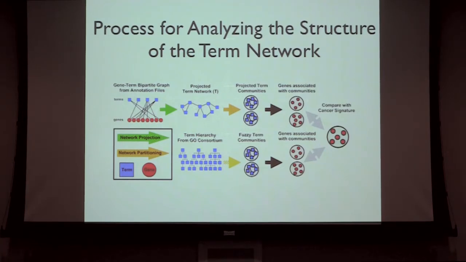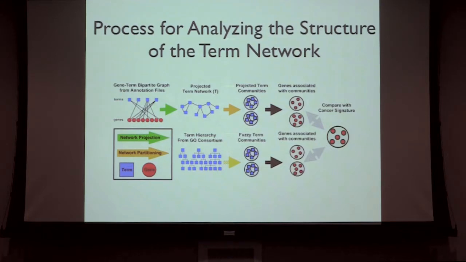And for comparison, we want to look at the way in which the conceptual organization of the GO hierarchy divides up functions. So you remember the term hierarchy is human built, right? It's this idea that, okay, biologists think that molecular function is divided into these sub-functions.